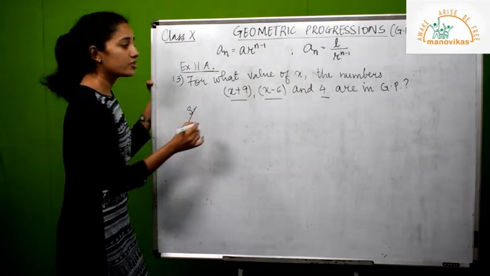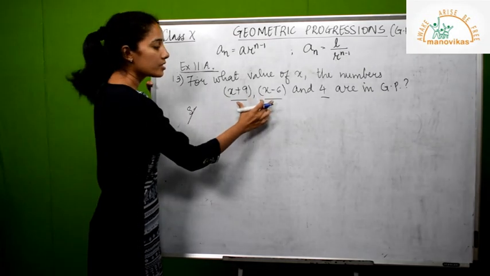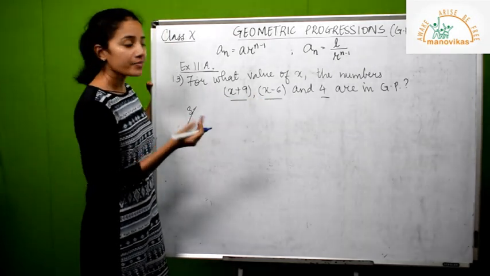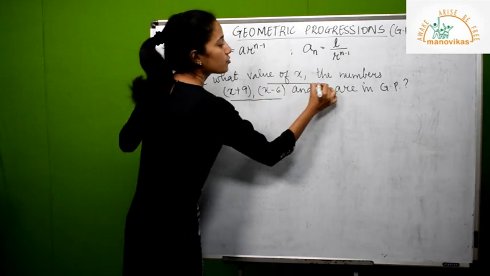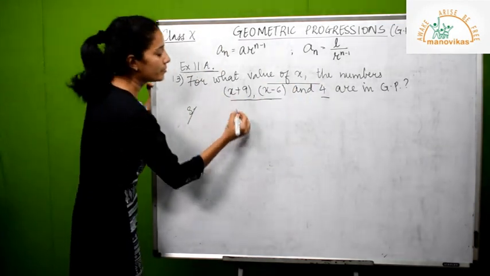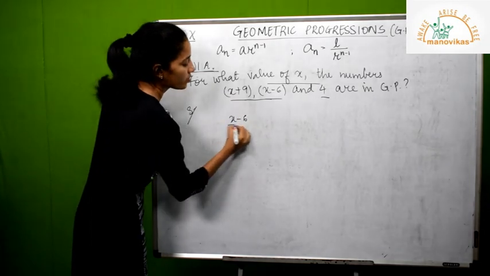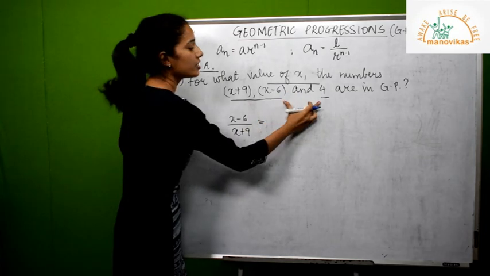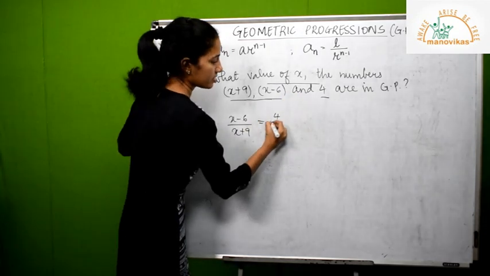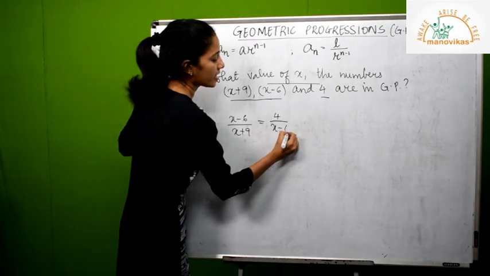If they are in GP, it means the ratio between the two terms has to be the same. So the ratio between these two terms and these two terms have to be the same, which will be the second term divided by the first term is the same as the ratio between these two, wherein 4 is the second term and the first term here is x minus 6.